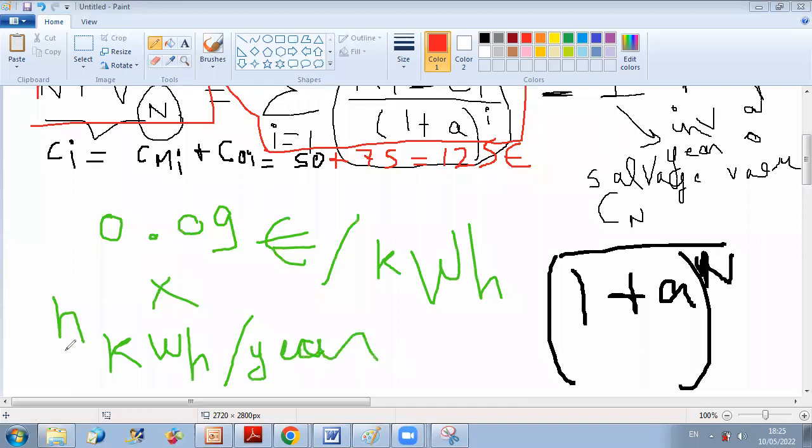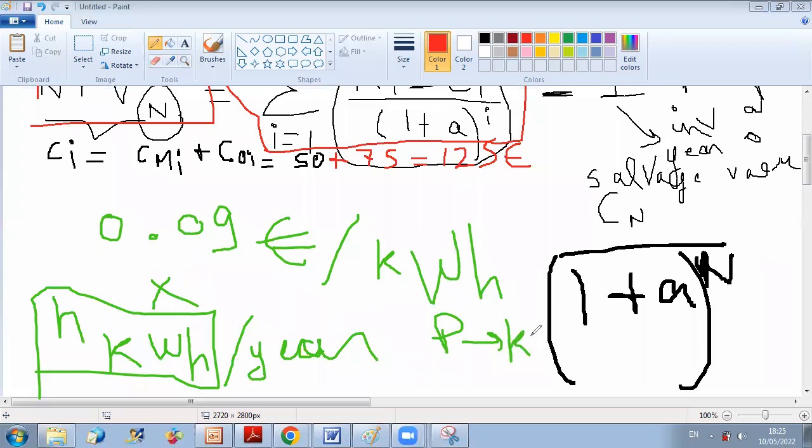Now, in this problem, they didn't give me directly the number of kilowatt hours produced by my turbine, but they gave me the power of my turbine. The power is in kilowatts, and they gave me the number of hours for which my turbine is operating.